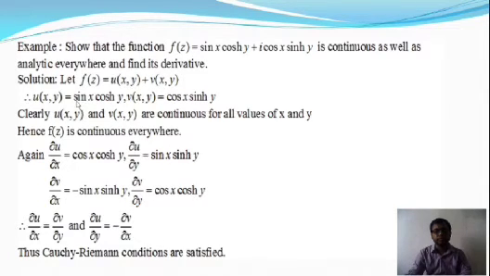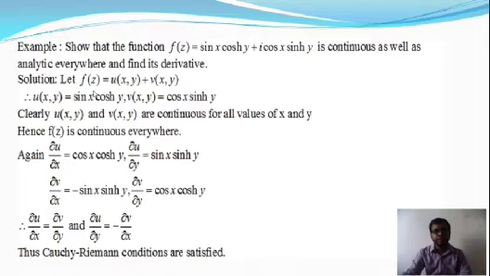In the real plane, sin x, cos x, e to the power x, and all transcendental functions are continuous. Here sin x is a transcendental function, so it is continuous, bounded between minus 1 and plus 1. Similarly cos hyperbolic x, cos hyperbolic y, and sin hyperbolic x are all continuous functions.